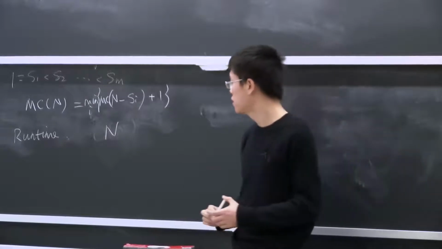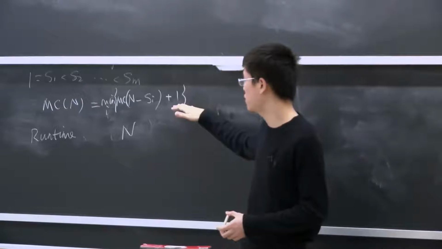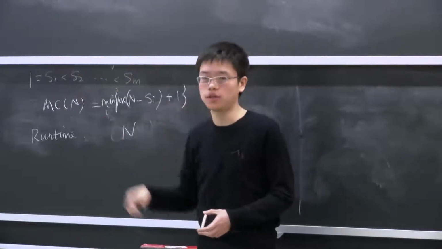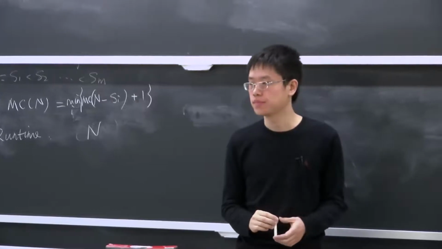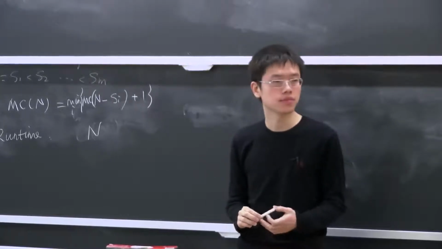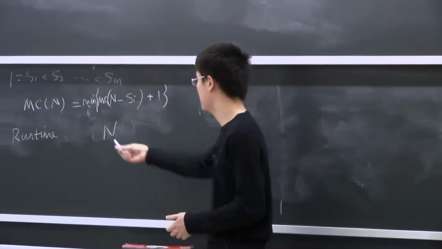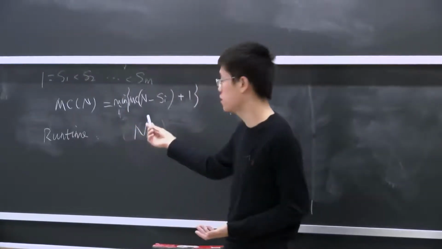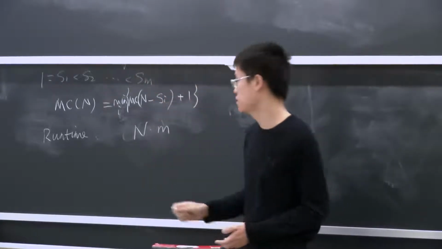OK, so having realized that, how much work do I have to do to go from here to there? Yeah, correct, right? Because I'm taking the min of how many terms? m terms. So that's our runtime.